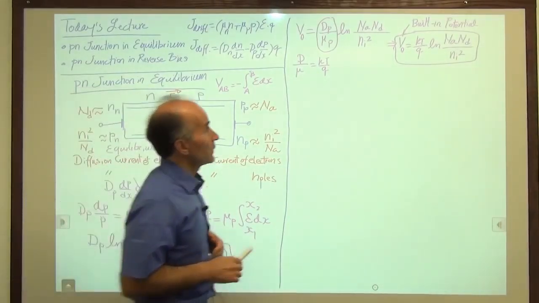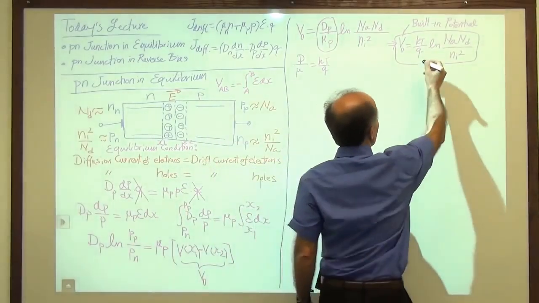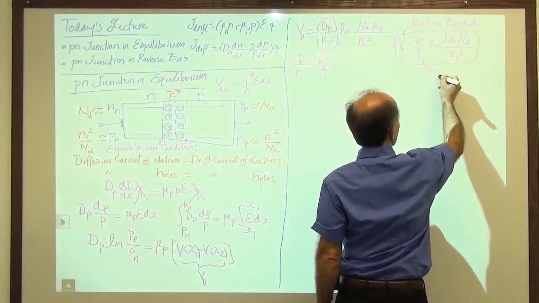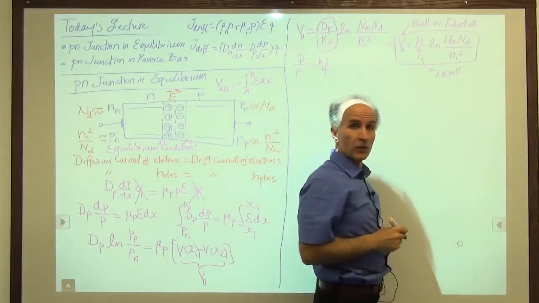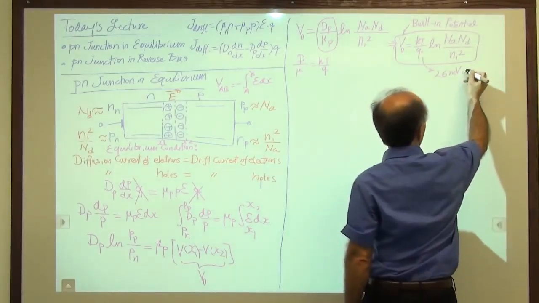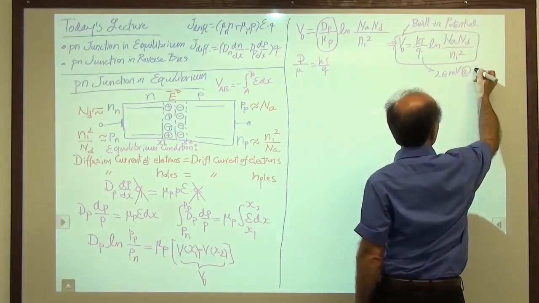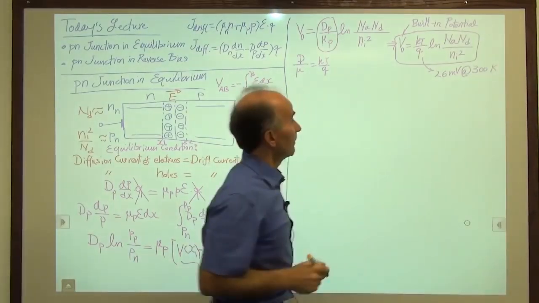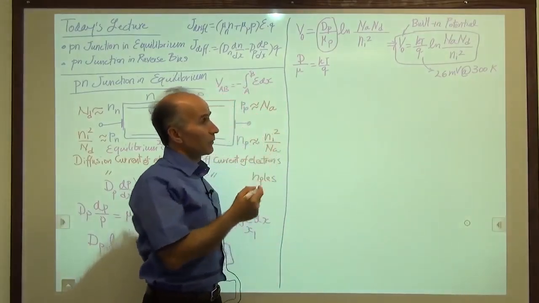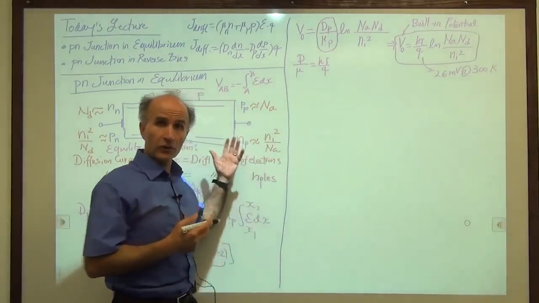Okay, so KT over Q, if you remember, is about 26 millivolts. This is what we call the thermal voltage, 26 millivolts at room temperature. So that's something to remember. And then the other values depend on the structure that we have.